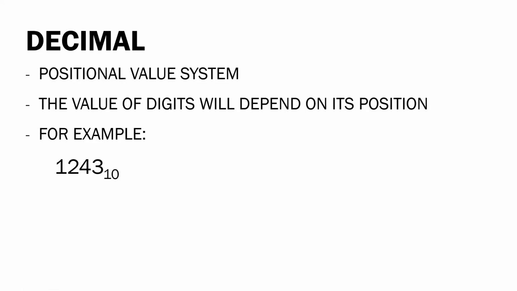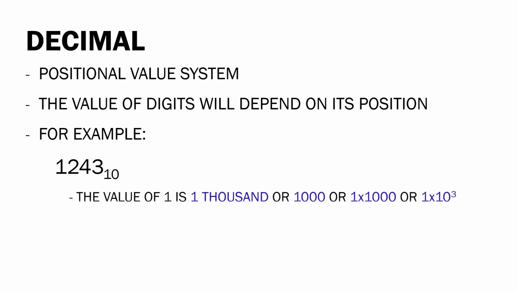So 1243 base 10 or decimal can be written as the value of 1 is 1000, or 1 times 1000, or 1 times 10 raised to 3. 10 raised to 3 is equal to 10 times 10 is equal to 100 times 10 is equal to 1000.